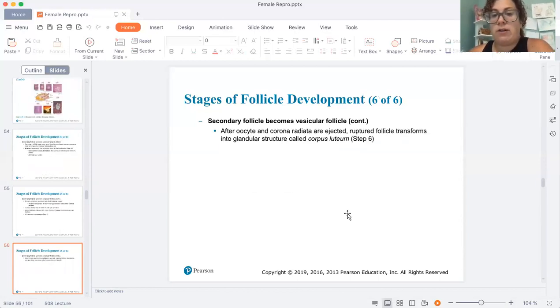After the oocyte and corona radiata are ejected, it ruptures. If we're doing fertility studies, you can do an ultrasound and see if someone has ovulated, because the oocyte and corona radiata literally make a little hole, and we can see that little rupture occur sometimes in real life, and then it's left over to make the corpus luteum.